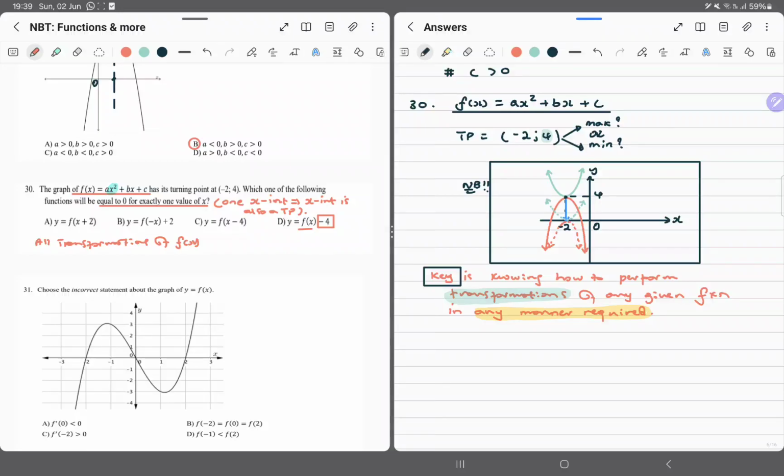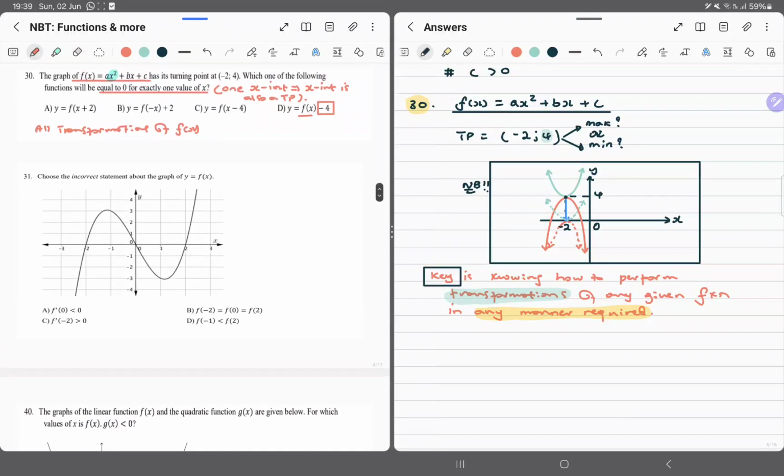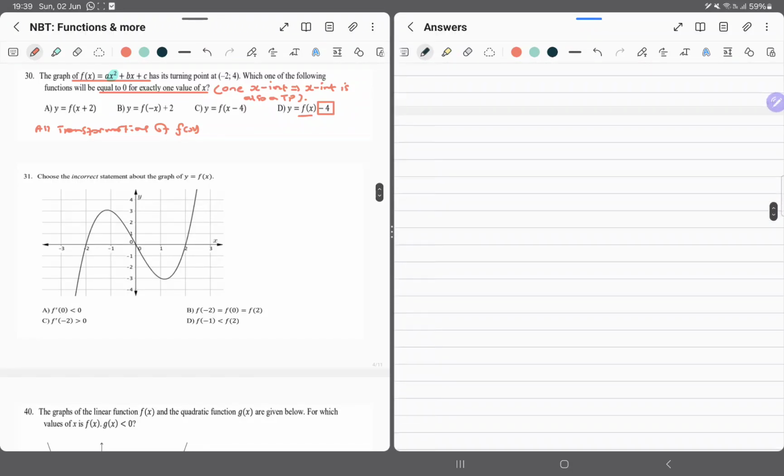So I like this question. It's a good question because it really forces you to think outside the box. Anyway, let's go on, guys. There's still more functions. Let's move.